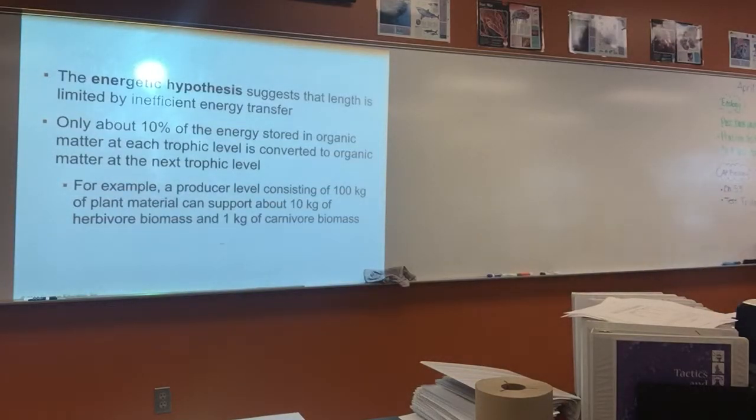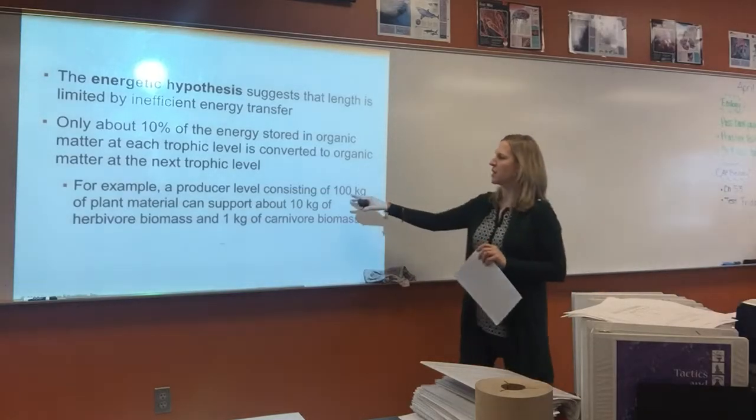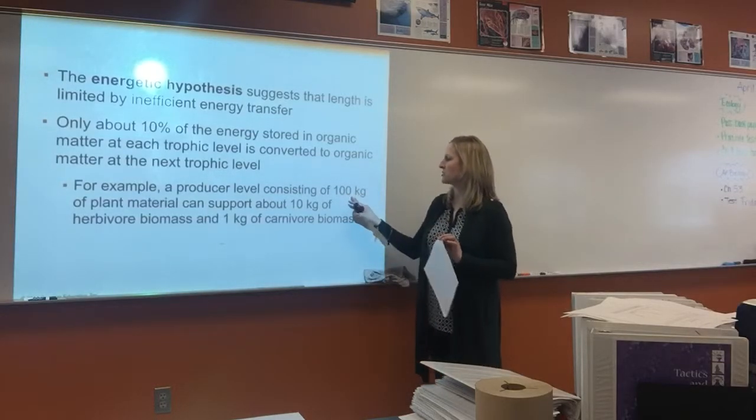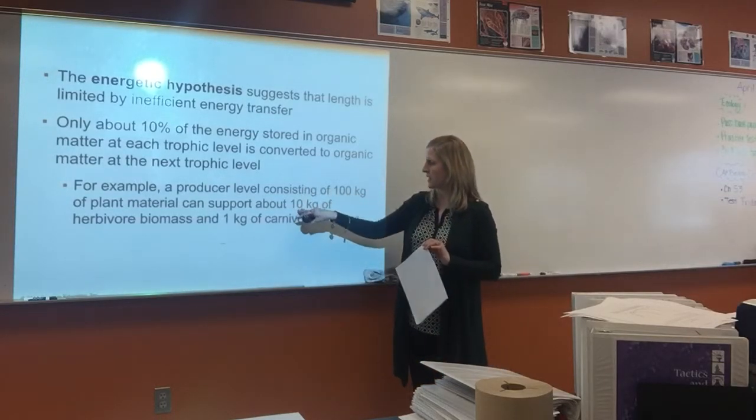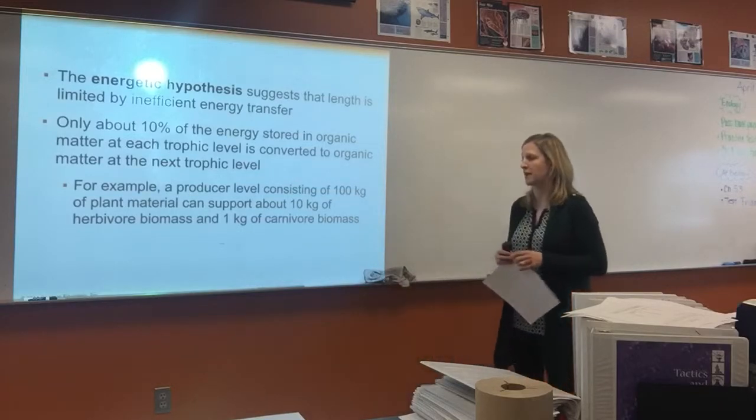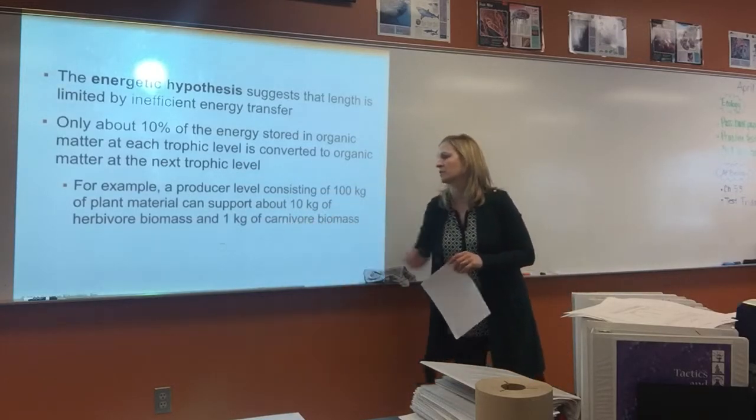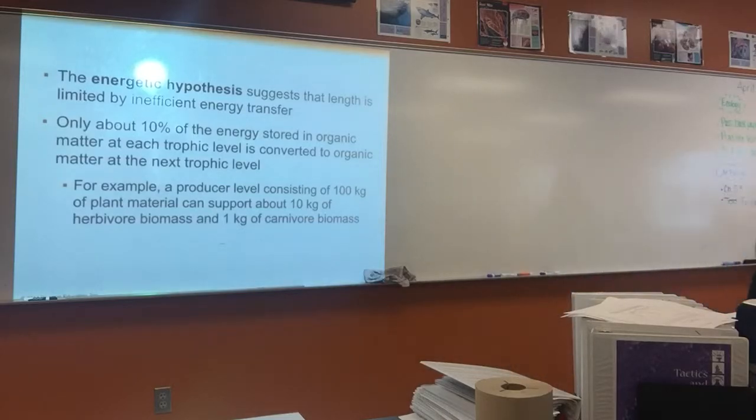Sometimes it can be a little bit more, sometimes a little bit less. 10% of the energy stored in organic matter at one trophic level is actually transferred to the next trophic level. As an example, for a producer, they're using grams of biomass. So having 100 kilograms of plant material can only support 10% of that, which is 10 kilograms of herbivore mass, and then they can only support 1 kilogram of carnivore mass.